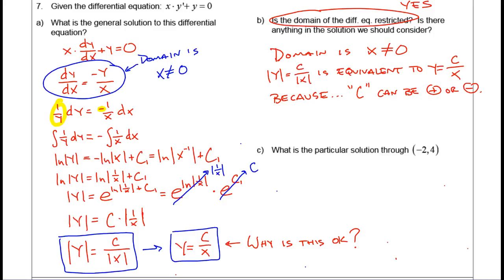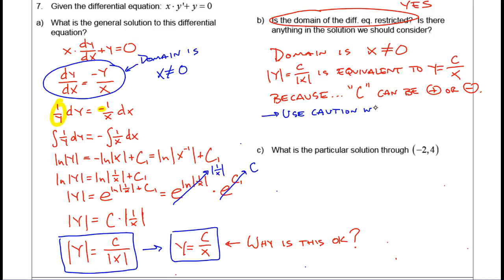And that's why it's justified in this instance to state that absolute value of y equals c over the absolute value of x is equivalent to y equals c over x. I do have a cautionary statement here. I want you to be careful with absolute values in your general solution and particular solution.